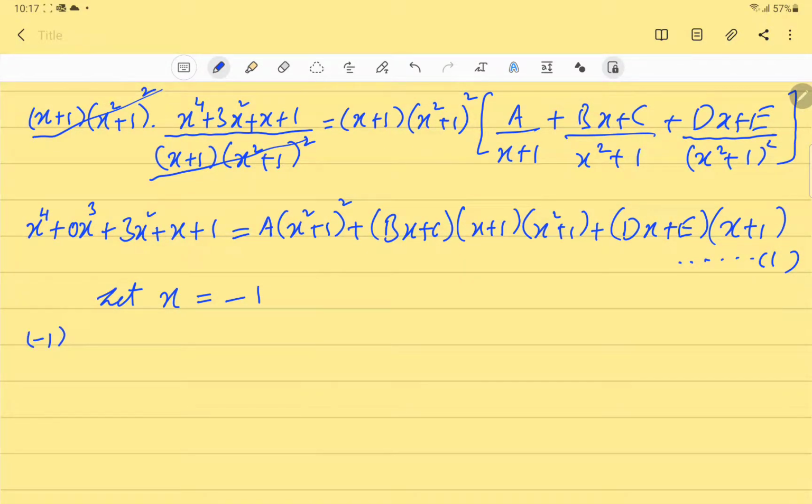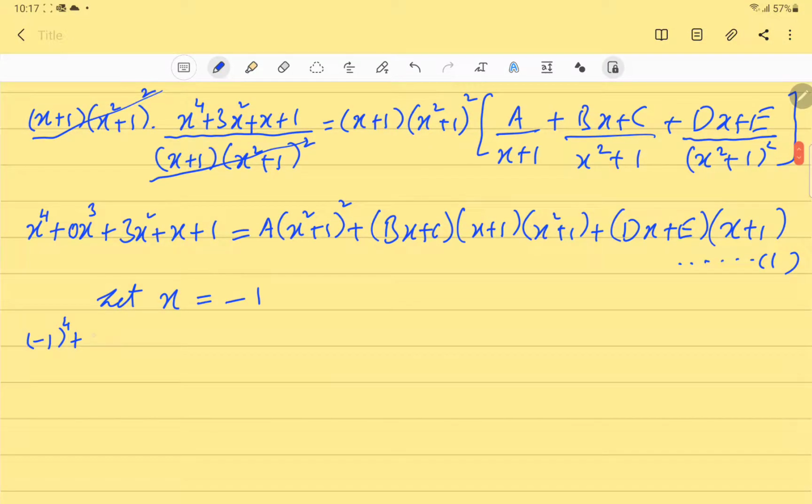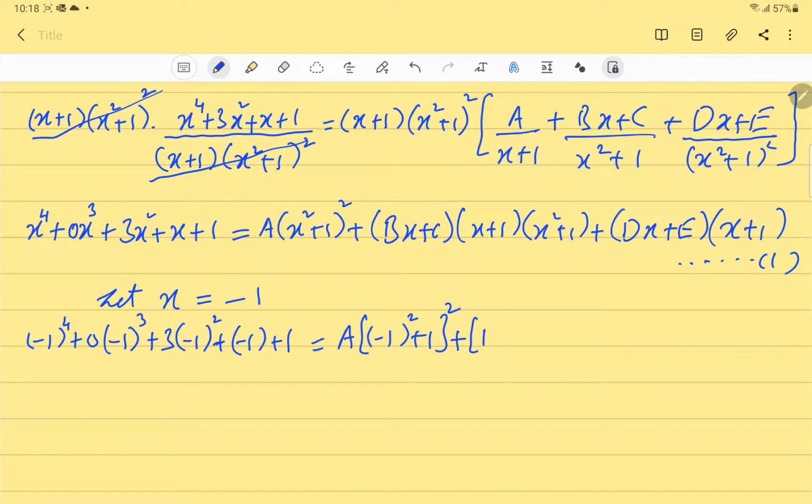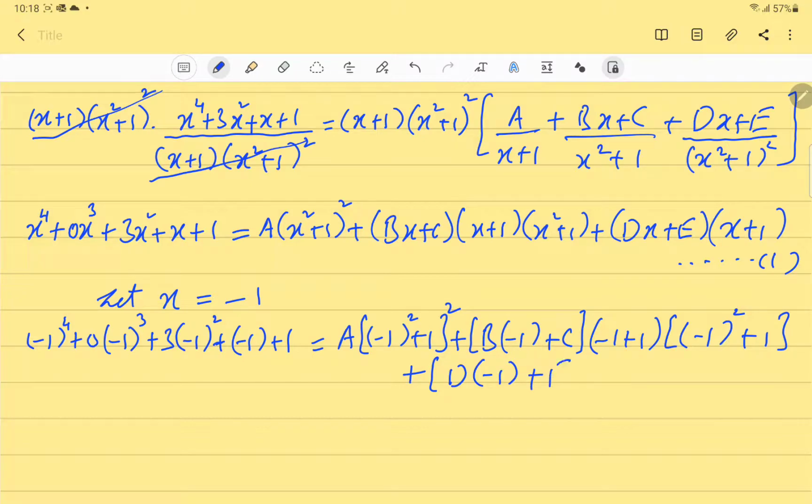The equation will look like -1 raised to power 4 plus 0 into -1 raised to power 3 plus 3 into minus 1 raised to power 2 plus minus 1 plus 1 equals a into minus 1 squared plus 1 whole squared plus b into minus 1 plus c into minus 1 plus 1 into square of minus 1 plus 1 plus d into minus 1 plus e and minus 1 plus 1. So what will happen here?